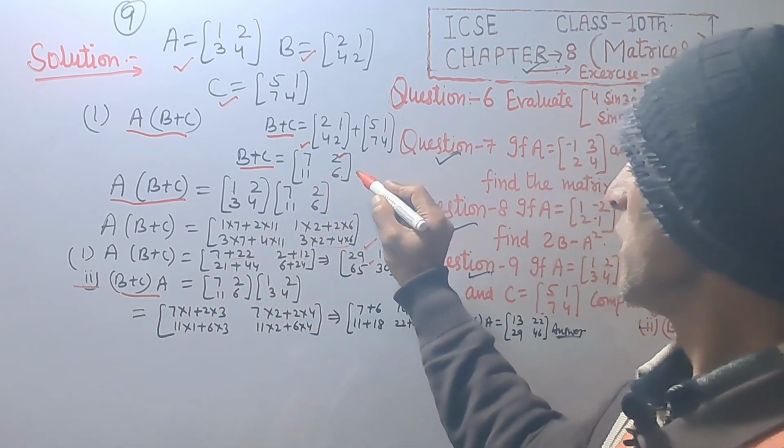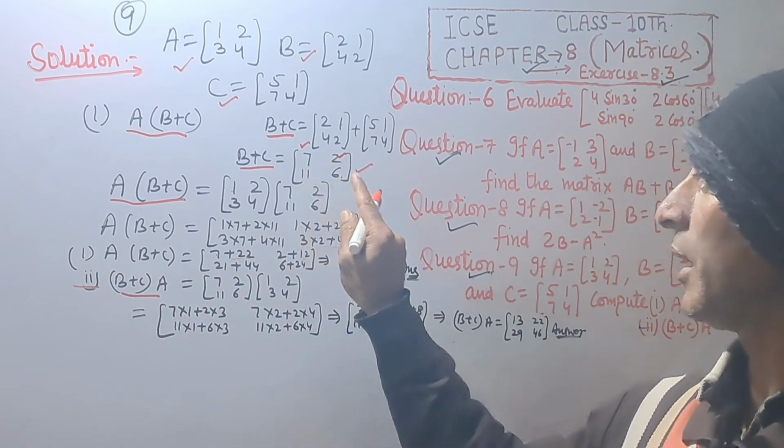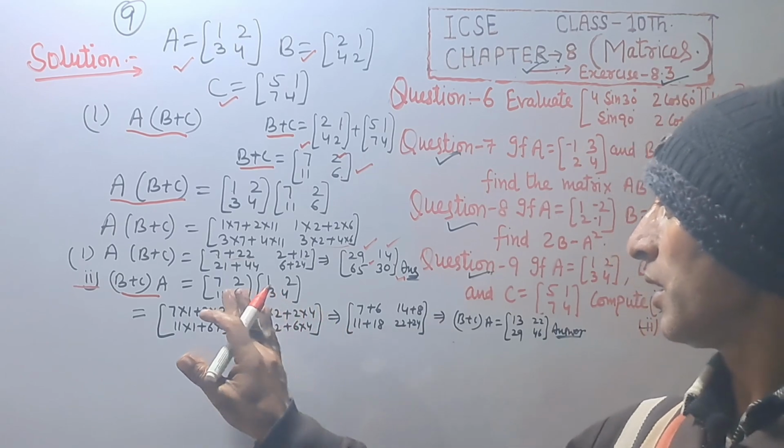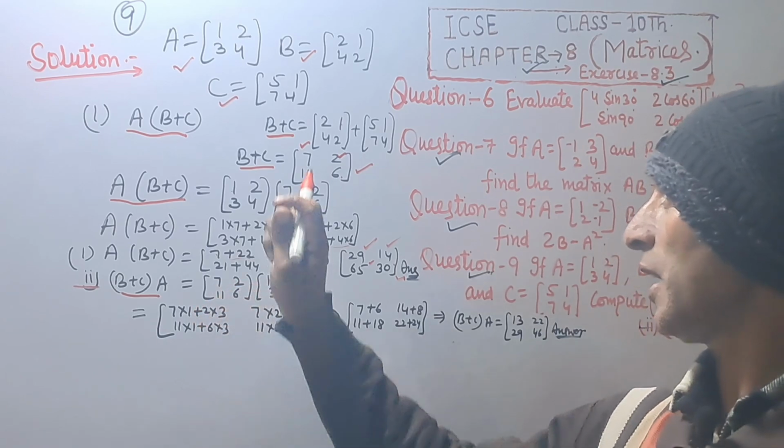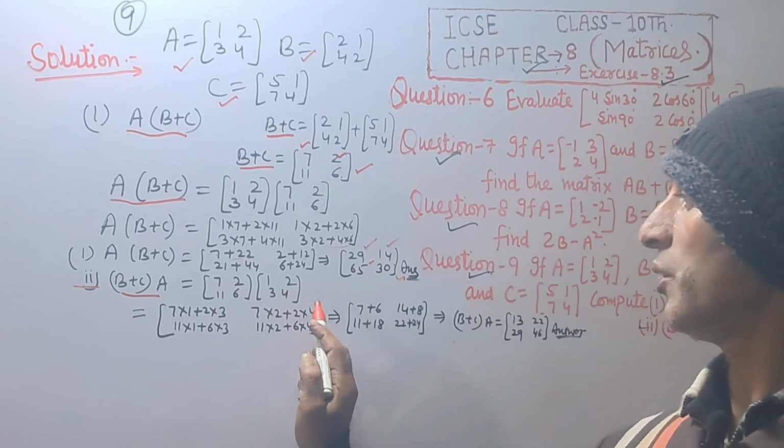B plus C, that is [7, 2; 11, 6] and A is given [1, 2; 3, 4].